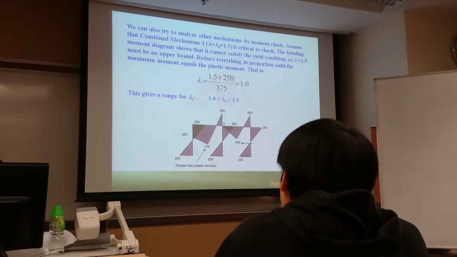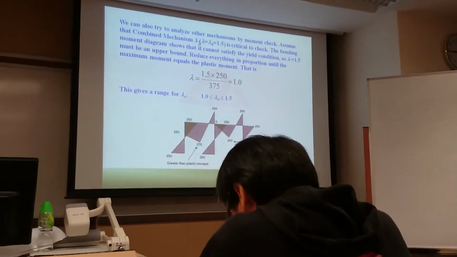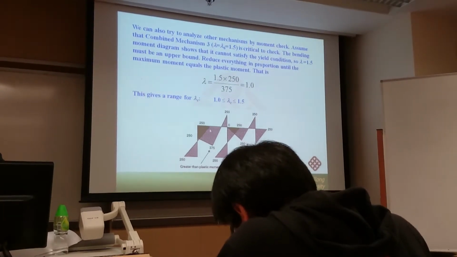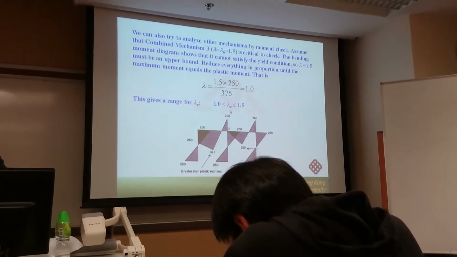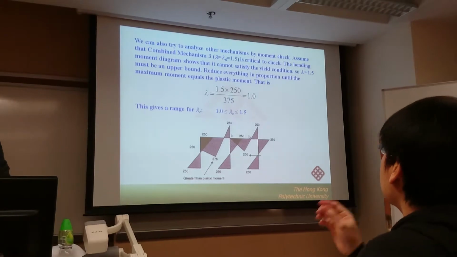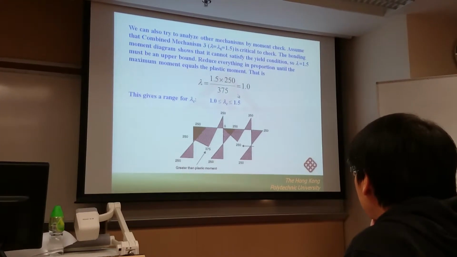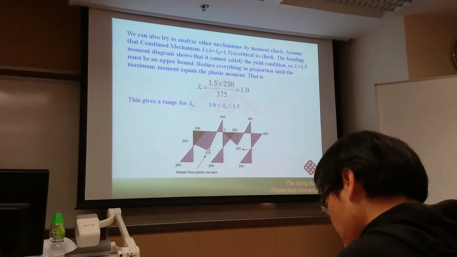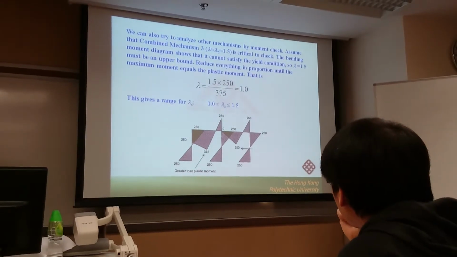Because this value is obtained according to combined mechanism 3 with lambda equal to 1.5, and the obtained moment is larger than the plastic moment, the load factor 1.5 must be too large. This load factor produces a moment larger than the plastic moment. So the true value must be less than 1.5.